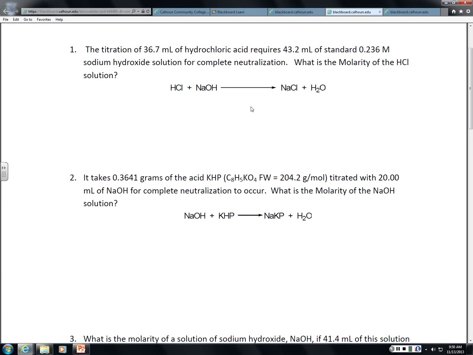Okay, so we will take whatever jar or flask it's in, and we will take out whatever milliliters that we choose, or we may take all of it if it's a small amount. We place it in the flask, we titrate it with our known standard of our base, and we find out the molarity of the acid based upon that. So we don't have to make up a new solution, we can find the molarity that way. Okay, so we're looking for the molarity of the HCl.